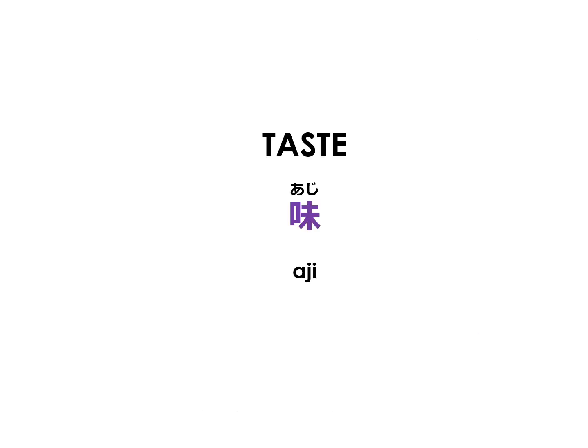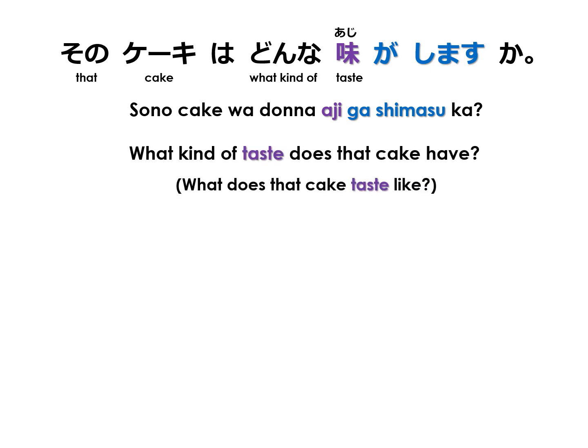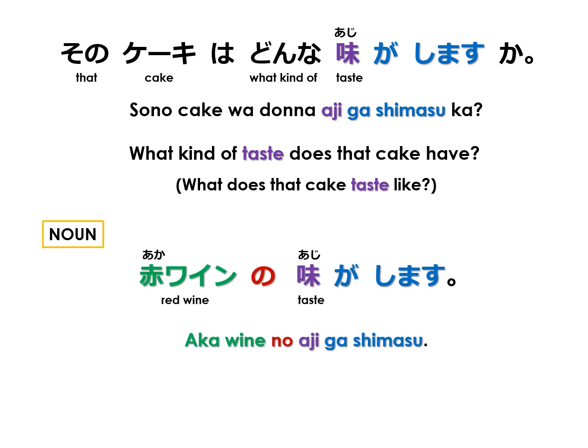Taste is aji. Aji ga suru means it tastes like. そのケーキはどんな味がしますか? What kind of taste does that cake have? Or what does that cake taste like? Using a noun, we can say something like 赤ワインの味がします.